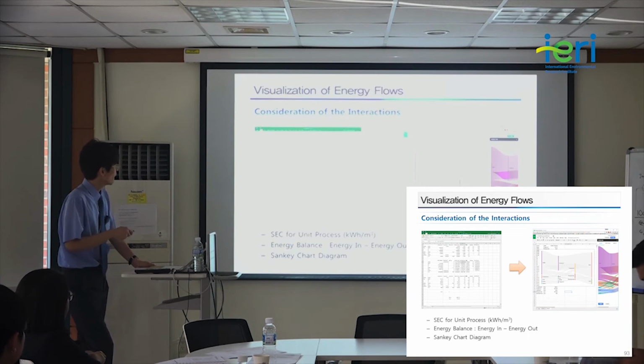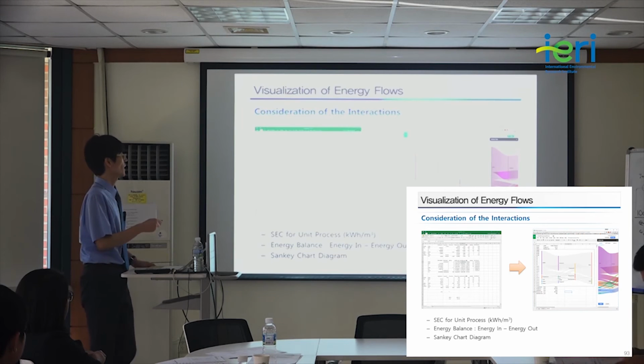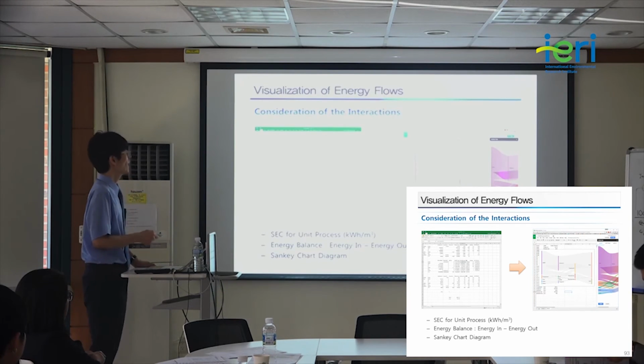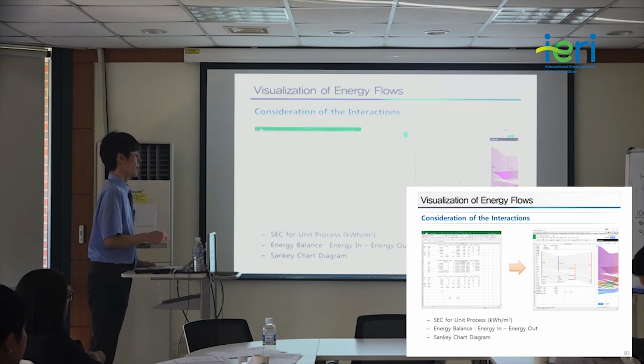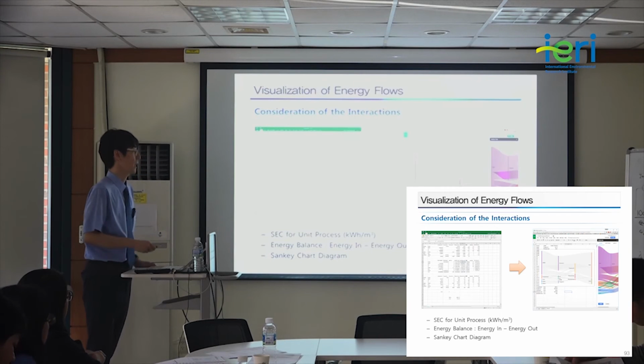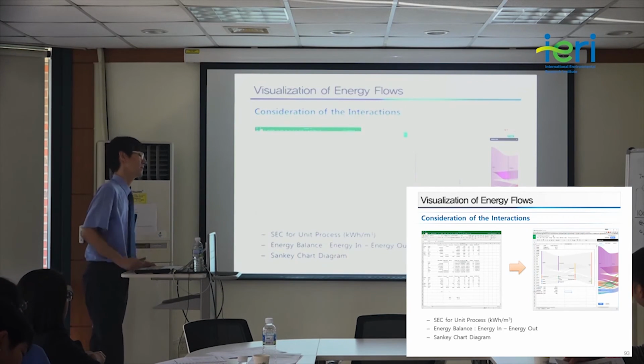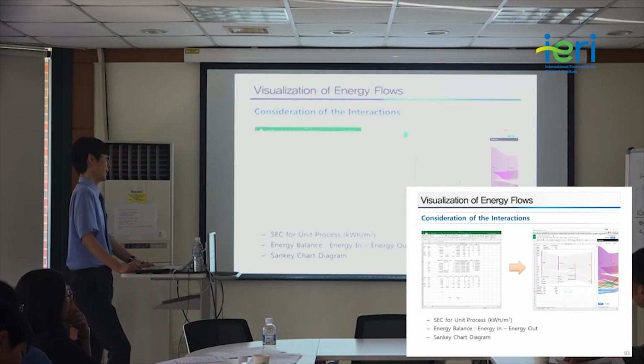So first, we can start with the actual plant data, and then we can calculate the specific energy consumption for each unit process. And by adding all this energy by the unit process, we can actually have this total energy supplied in the plant and total energy wasted inside the plant and total energy going out of the plant.